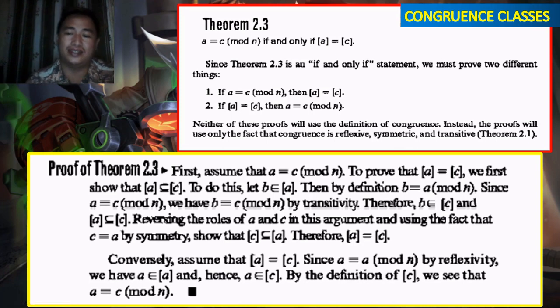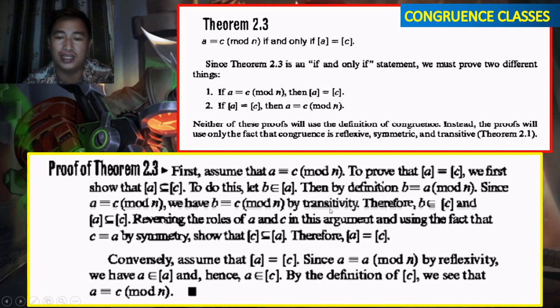Since we assumed that A is congruent to C mod N, we have that B is congruent to A, and A is congruent to C. Therefore, B is congruent to C by transitivity, Theorem 2.1 number 3.